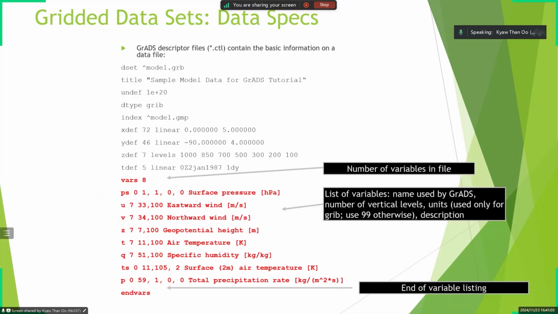GrADS automatically understands according to the data structure. Okay, this is air temperature in Kelvin. If you want degrees Celsius, you can manipulate it yourself in GrADS also. Q is specific humidity. Its unit is kilogram per kilogram, and so on. Then it is the variable information, and all variable information is shown like this. This is the meaning.